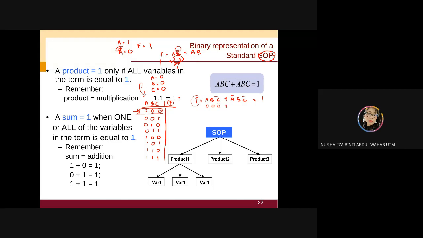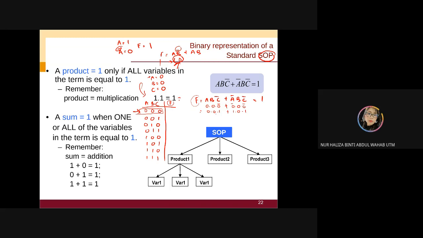Now I apply, add here. This one is multiplication. I have A is 0, and then this is a bar. B is 0, C is 0 with the bar. So I make it 0 dot 0 dot 0 bar, which will be 1, plus 0 bar will be 1, 0, 1.